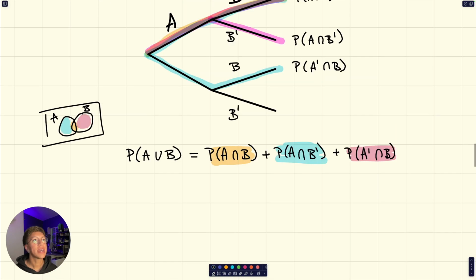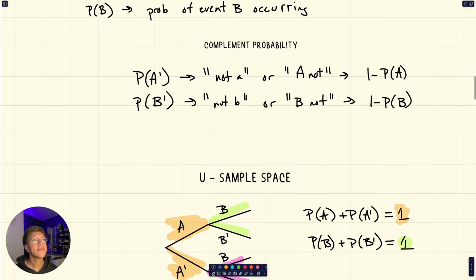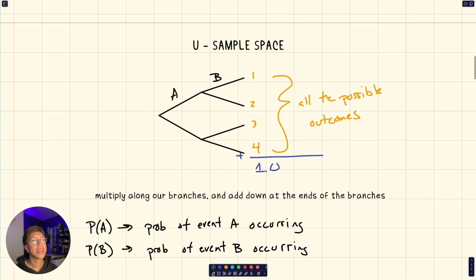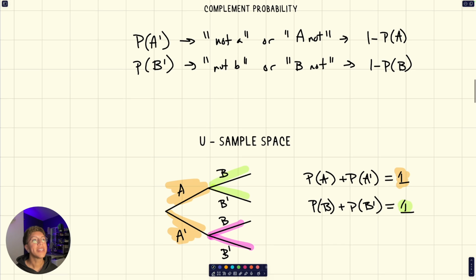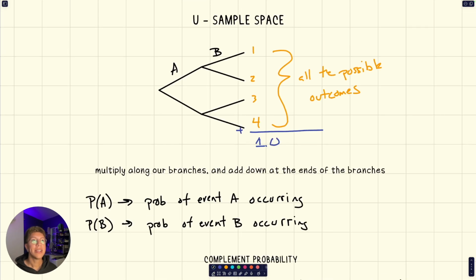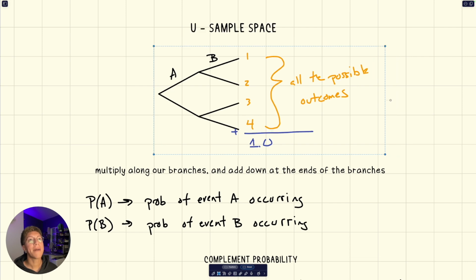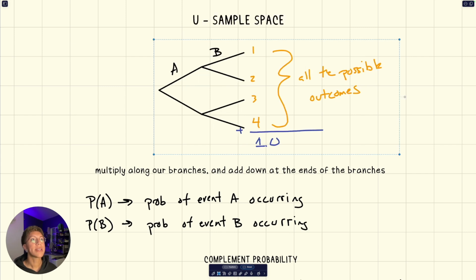So if we go up to the very, very top, we talked about the probability of A and the probability of B right here. And we should give ourselves a little note, because something we might be thinking about is, what if our tree diagram is oriented in one way and we want to find the probability of B happening? I'm going to select all of that.